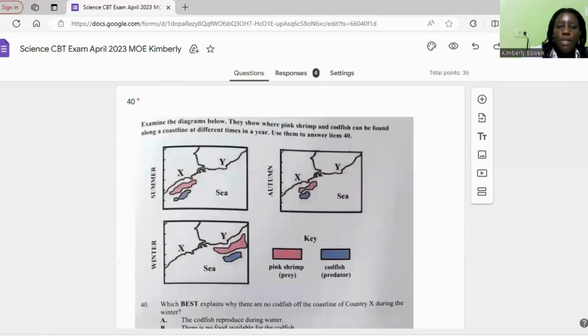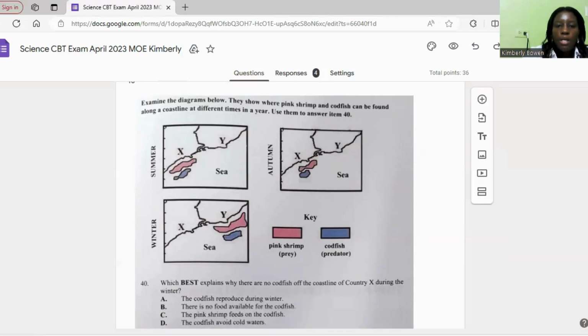Examine the diagram below. They show where pink shrimp and codfish can be found along a coastline at different times in the year. Use them to answer item 40.